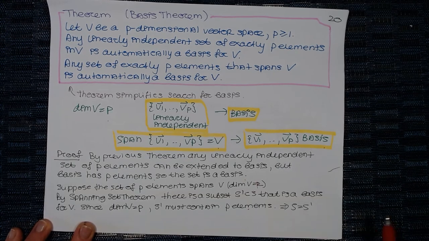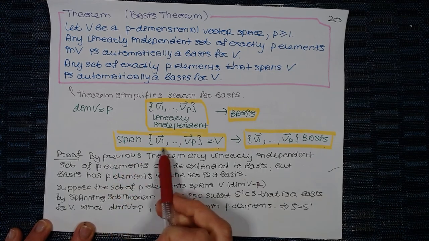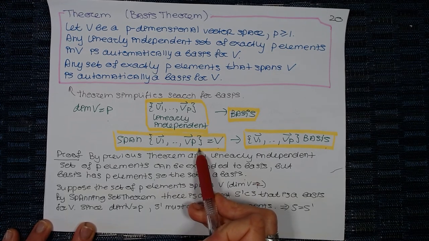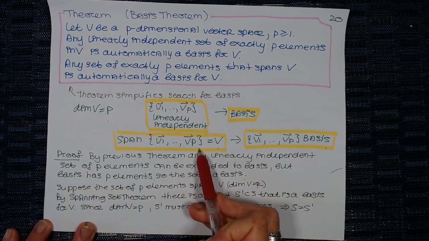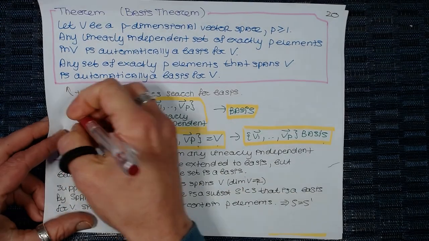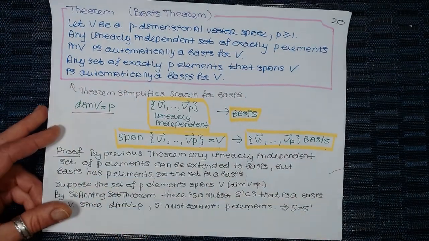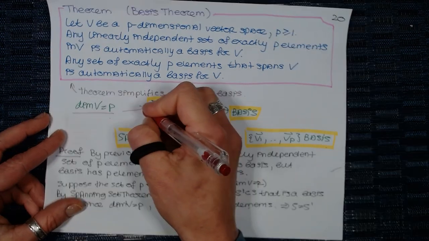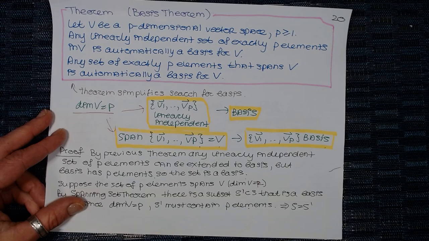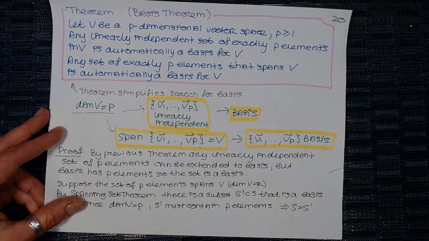So S must be equal to S prime. So if you find a spanning set of p elements for a vector space of dimension p, then it has to be a basis. Using the dimension of a vector space, we can focus on just finding a spanning set of p elements or a linearly independent set of p elements, and this will automatically be a basis.